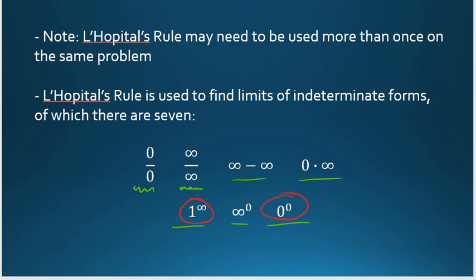So taking the quotient of the rates of change of f and g will tell us whether one function is growing at a quicker pace than the other, and whichever function is growing at a larger pace will sort of dominate or outperform the other function, and that will help us figure out what our limit is going to be.